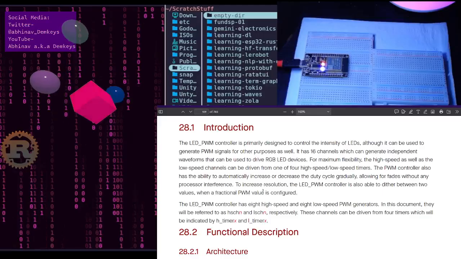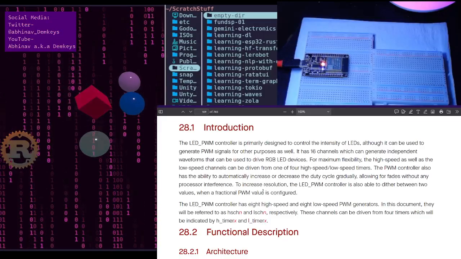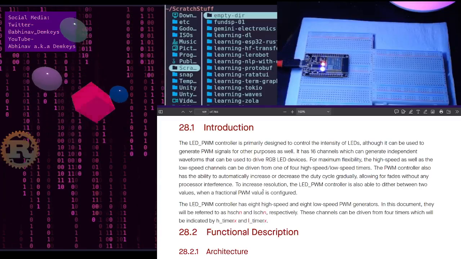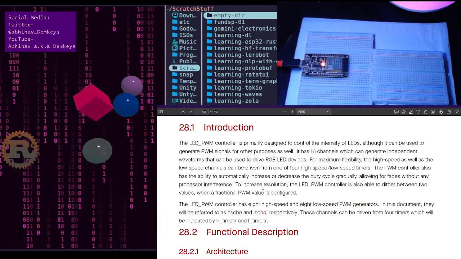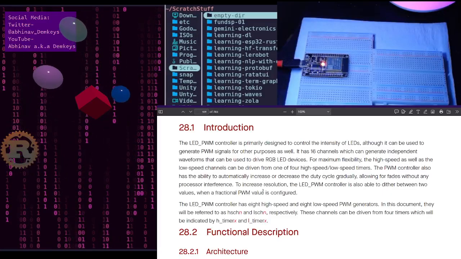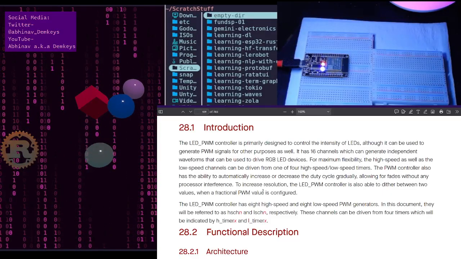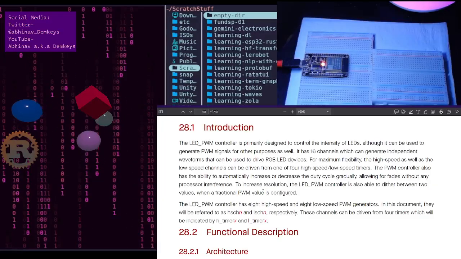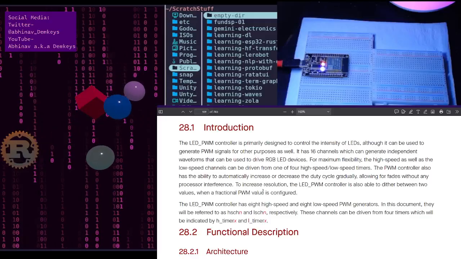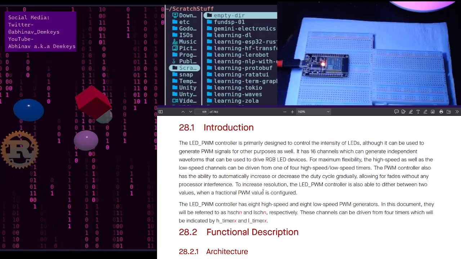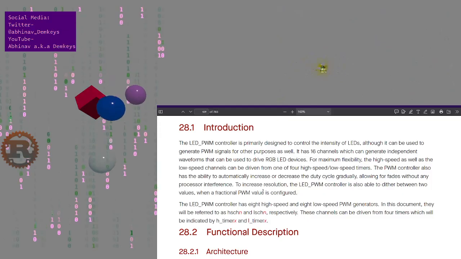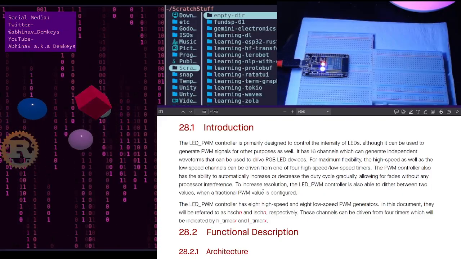So the LED PWM controller is primarily designed to control the intensity of LEDs, although it can be used to generate PWM signals for other purposes as well. Sorry, zoned out.